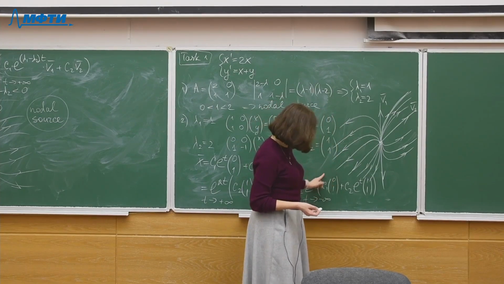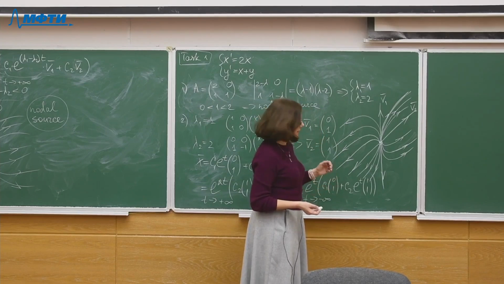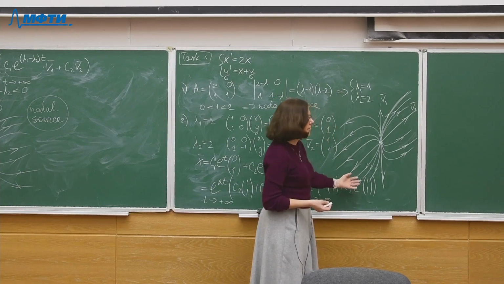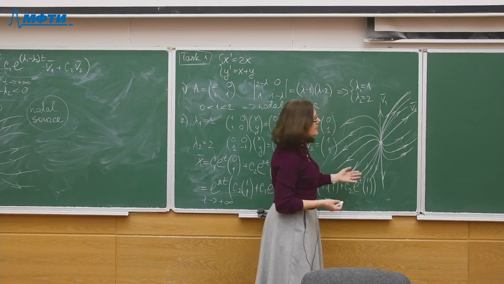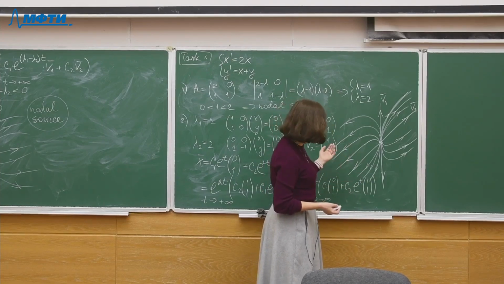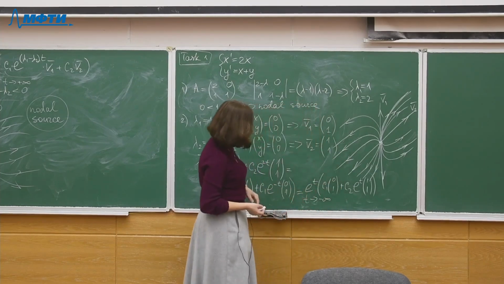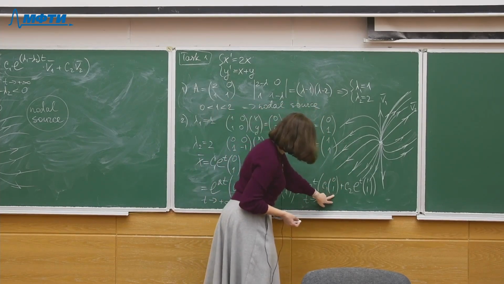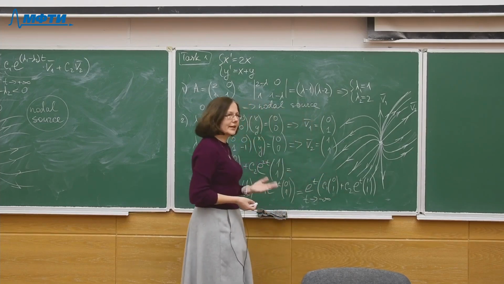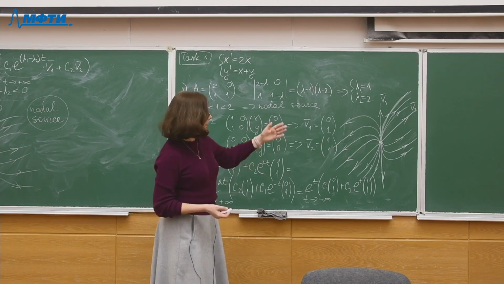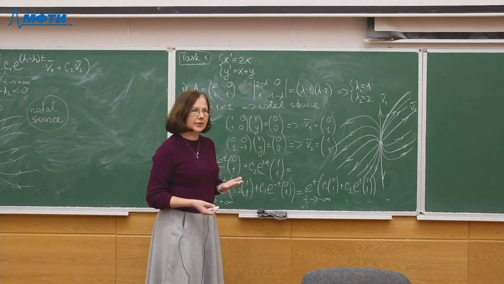This term is dominant, and this term is negligibly small in comparison with this first term, right? So this is the dominant term as t approaches negative infinity. So this is the way for analyzing the behavior of phase trajectories.